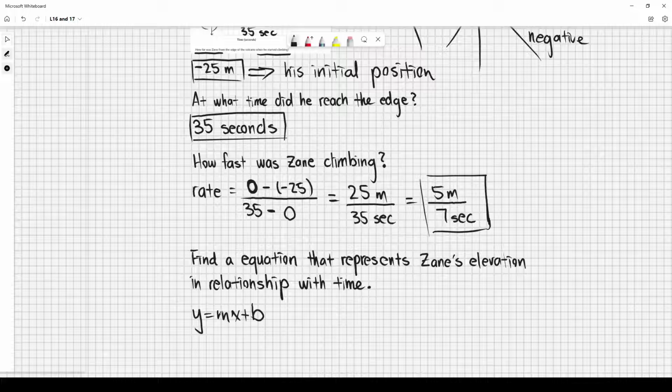So again, an equation represents the relationship between elevation and time. We have the slope and we have the initial position. So what is it?